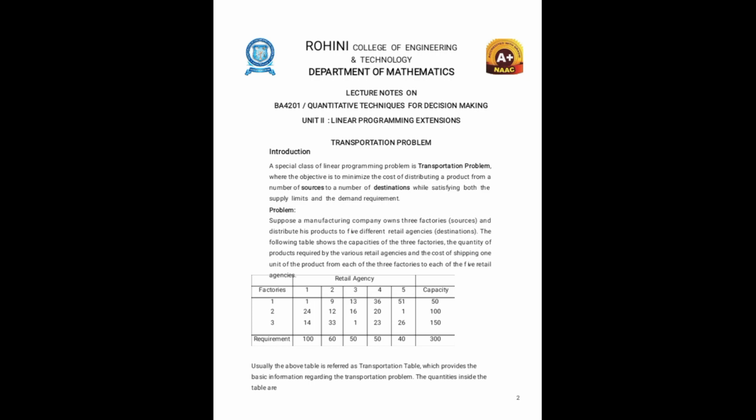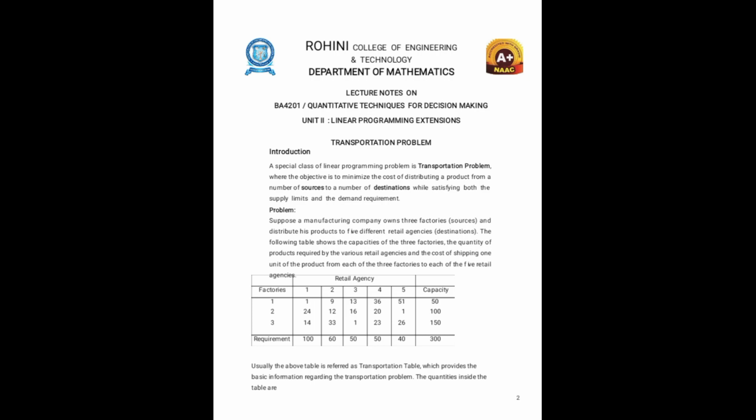Factories 1, 2, 3; retail agencies 1, 2, 3, 4, 5; capacity and requirement 100, 60, 50, 50, 40, 300. Usually the above table is referred to as the transportation table, which provides the basic information regarding the transportation problem.